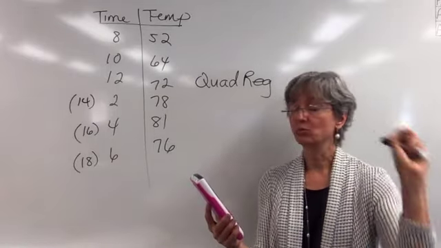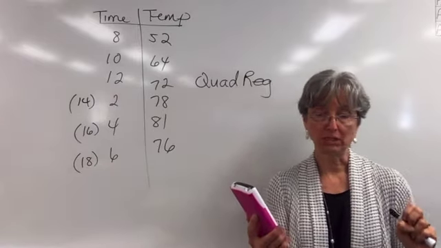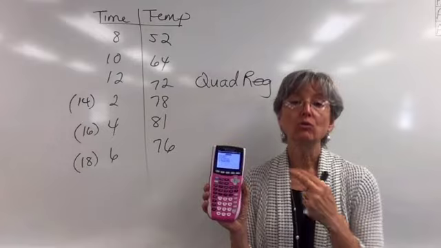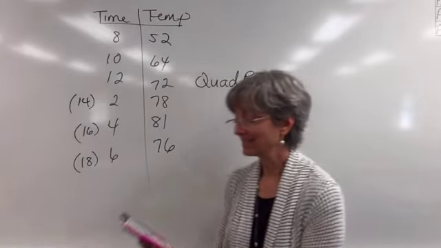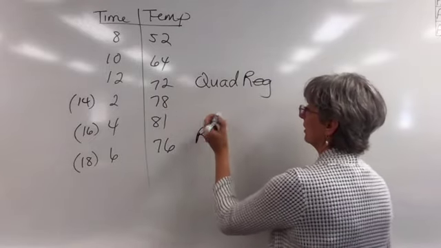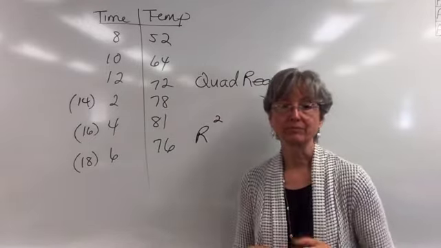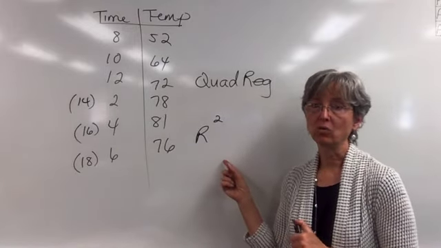And then it says here's what your a should be, what your b should be, what your c should be. If you have it in your calculator, you might see this as well underneath. Okay, that's the coefficient.